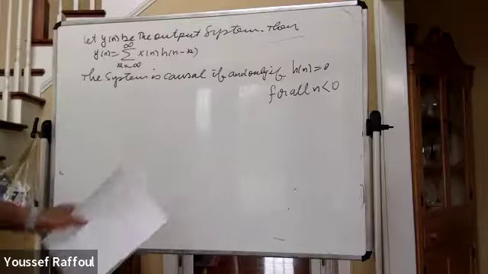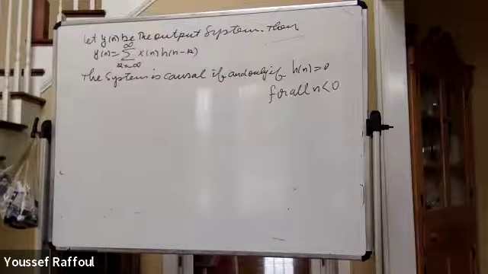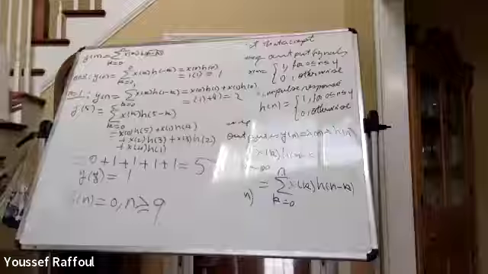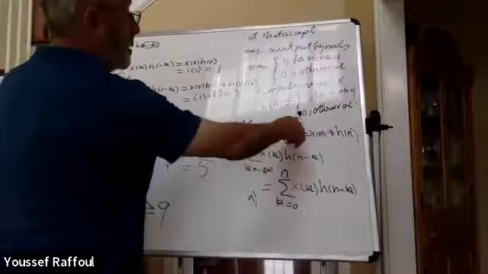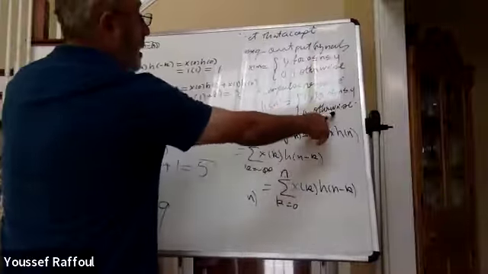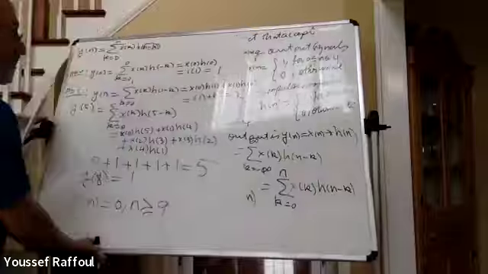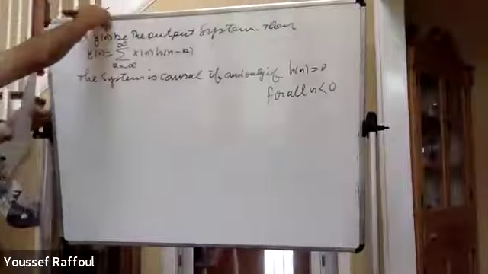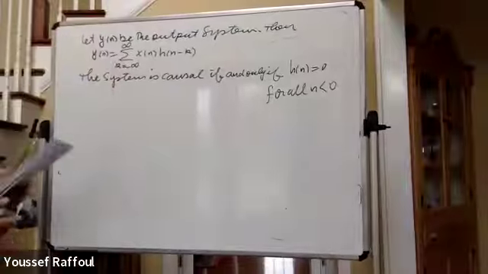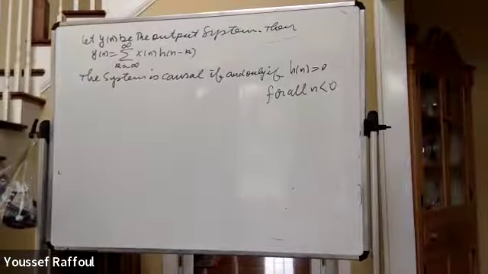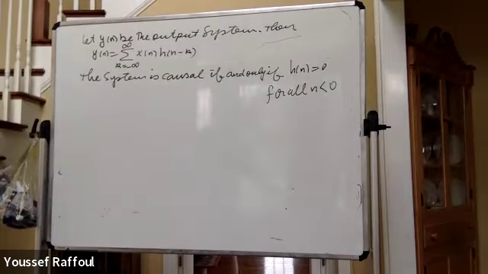So this is a definition by itself. Like the system we had before was causal because it was zero otherwise, that means for n less than zero. So this is a causal system. All right, but in some cases, it's not. So take a look at it.